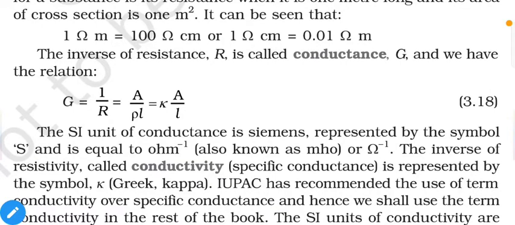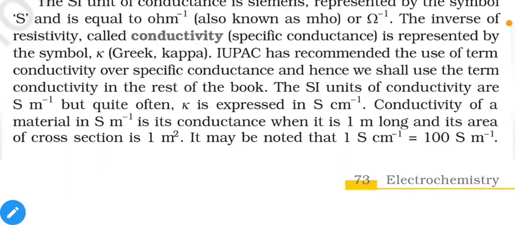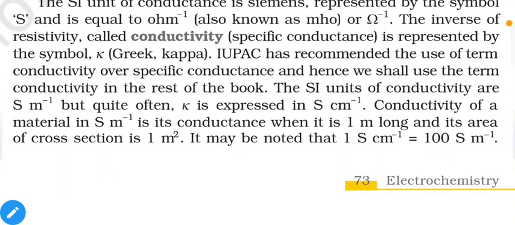The inverse of resistivity is called conductivity. Specific conductance is represented by the symbol K or kappa. Again, IUPAC has recommended the use of the term conductivity over specific conductance, and hence we shall use the term conductivity in the rest of the book. Resistivity, or specific resistance, is the value when all the values are in unity, and similarly conductivity, or specific conductance, is the value when all the values are in unity.